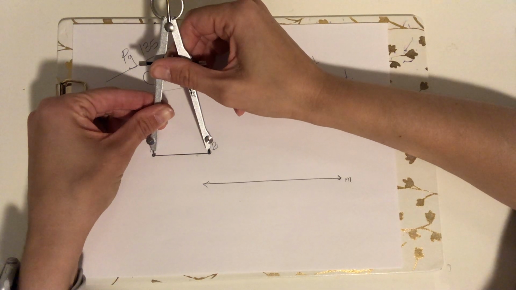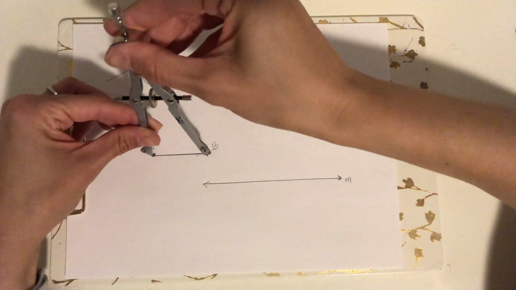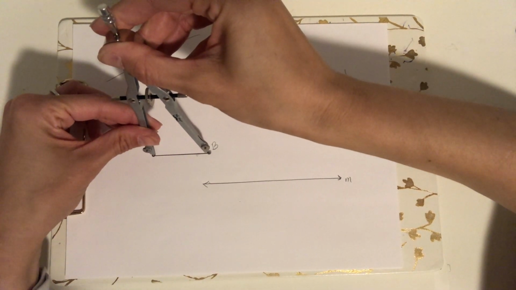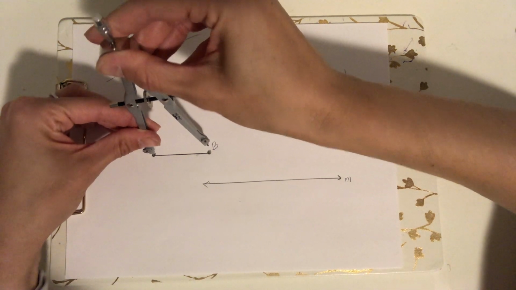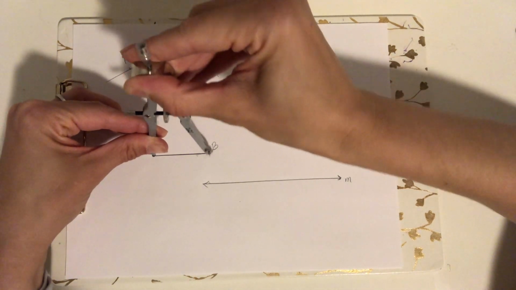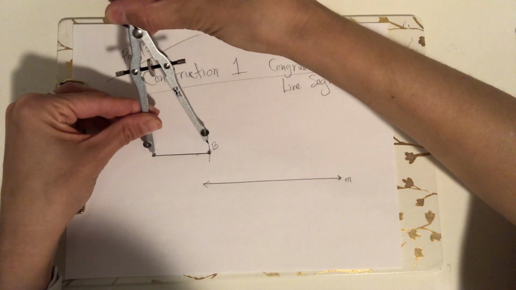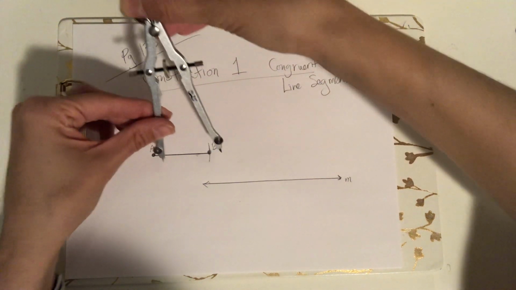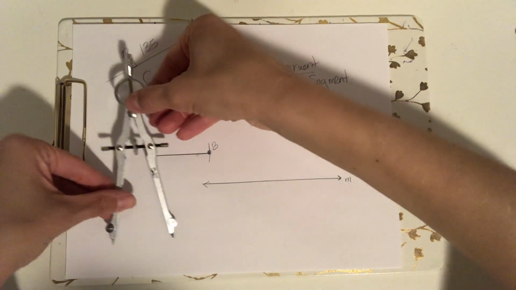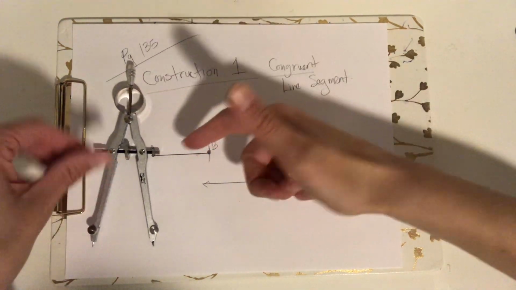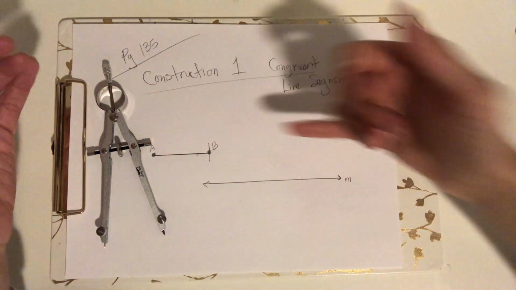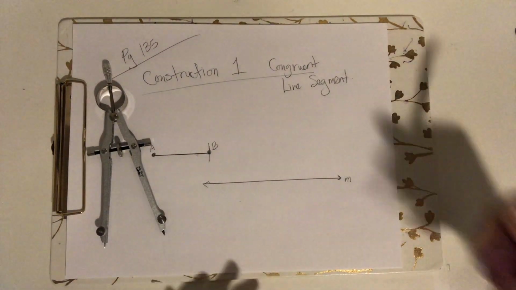Okay, it looks like I've got it there, but if you are in doubt, go ahead and put the center on A itself explicitly and make a little arc. And if it looks like you're going through B the way you want to, then it looks like you have captured that distance. Go ahead and put your compass down for the moment and say to yourself, cool, I managed to capture the distance from A to B. Fantastic, I'm in a good spot.